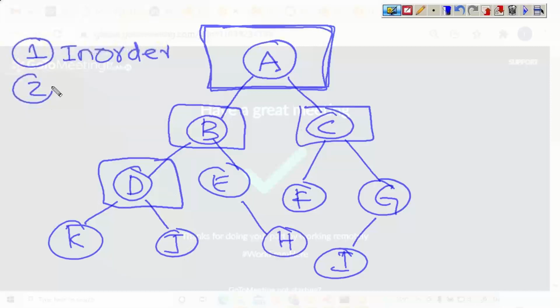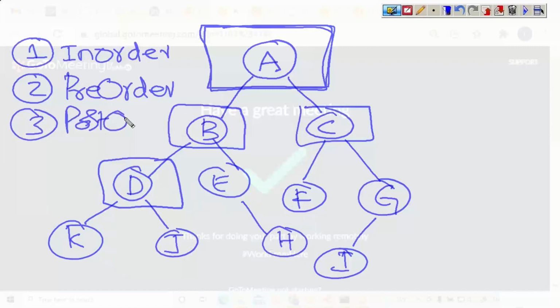Second one is pre-order. Third one is post-order. These are the three approaches available to traverse the entire tree.